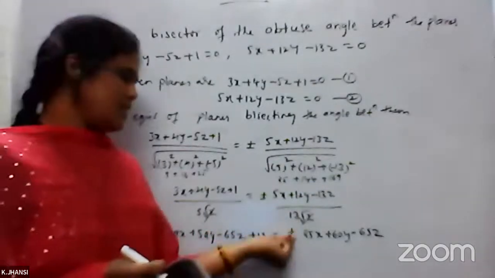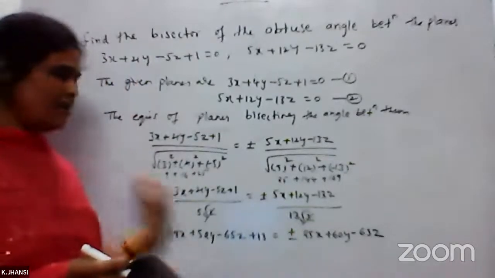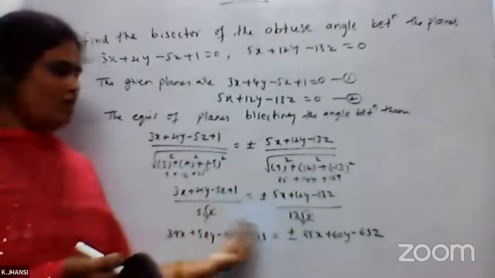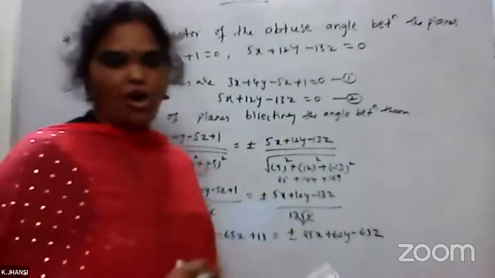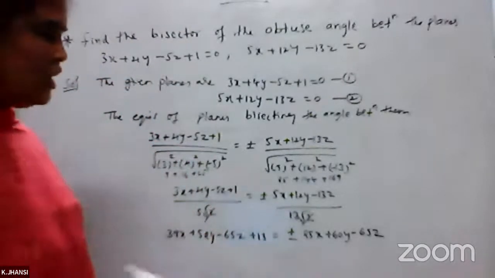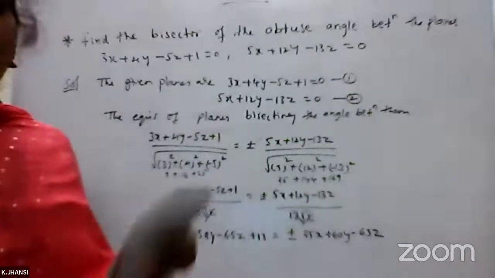Addition means the plus sign; when you take this to the left hand side you will get the negative one, and when you take out the negative sign, you will get all the positive values. Okay, on adding and subtracting these two equations, you will get two more plane equations.